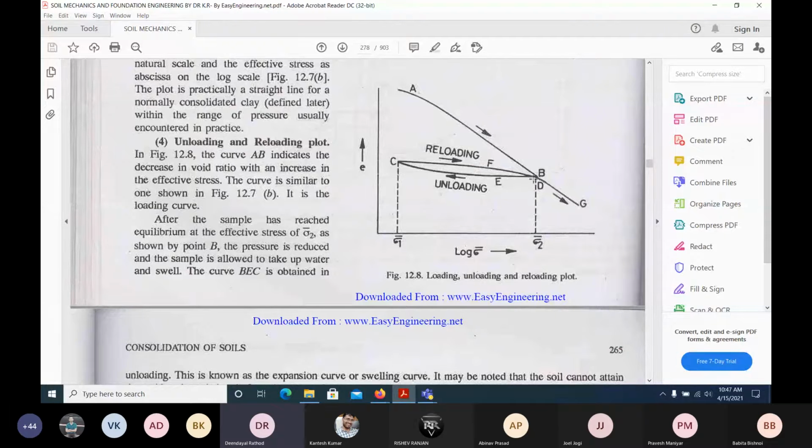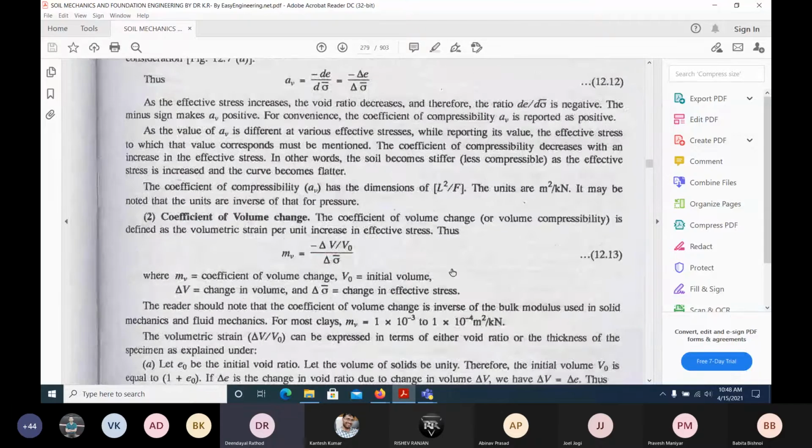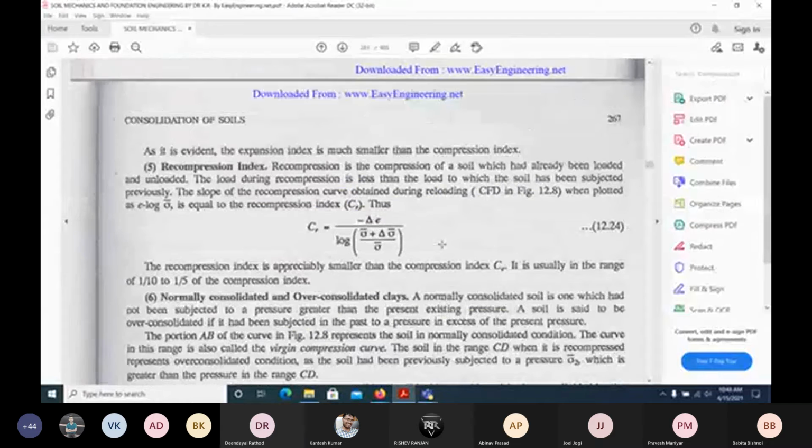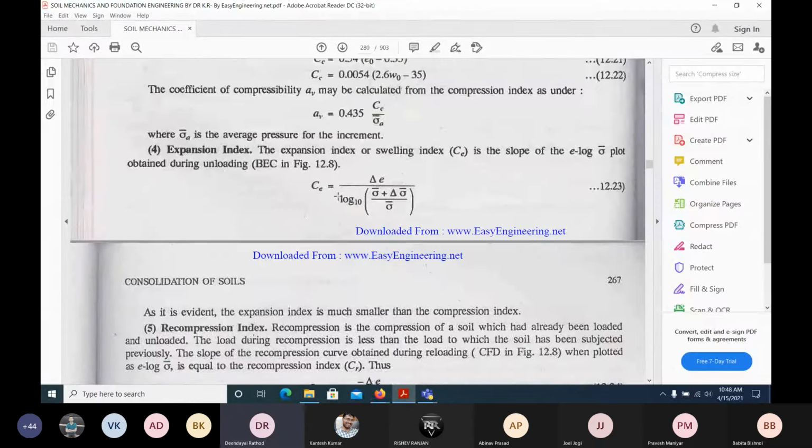So the slope of BEC is called the expansion index, and the recompression index also we can call it. Again we are loading it, CFB. After the expansion index, this is the slope of the unloading.